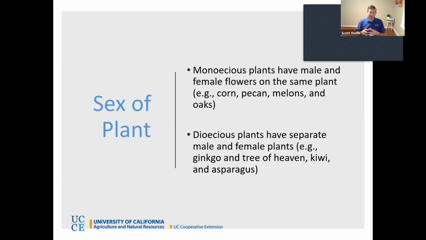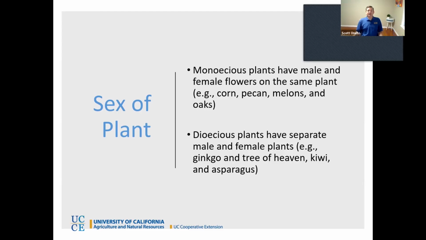But you can also have a monoecious plant that has imperfect flowers, both male and female imperfect flowers on the same plant. So if you think of something like a melon, squash, cucumbers, anything in that cucurbit family of plants, you'll have a big plant with lots and lots of flowers on it, and some of those flowers will be females and some of them will be males, but they all occur on the same plant, so that makes them still monoecious.